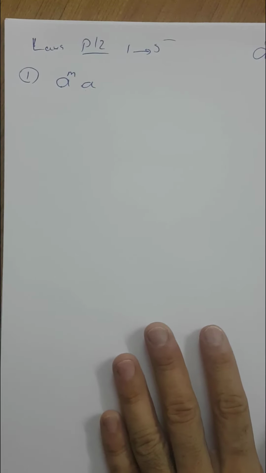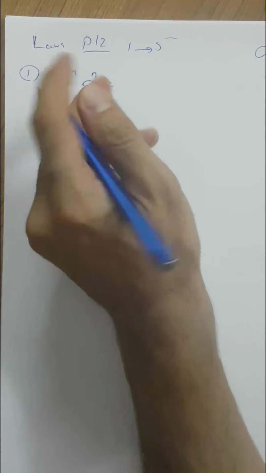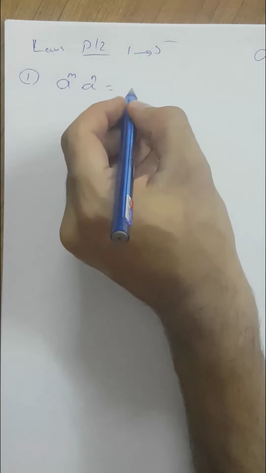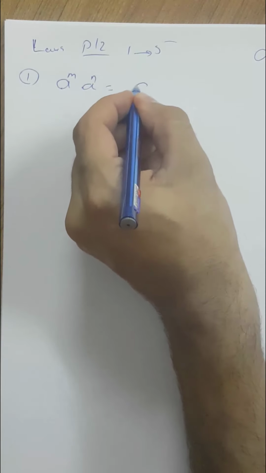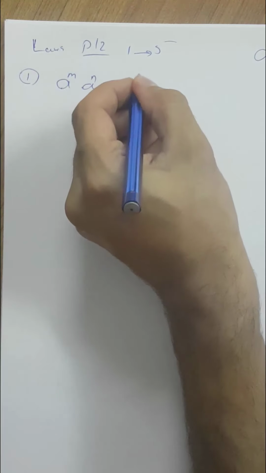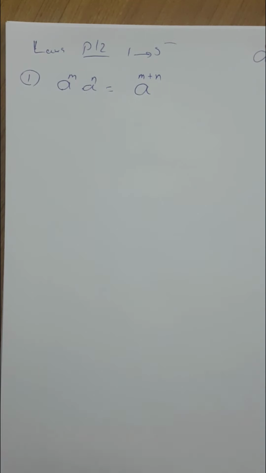So a to the m means a number with an exponent, and a to the n means the same number with a different exponent. If we have a multiplication, we say it is equal to a, because the bases are equal, and we will add or sum the exponents.